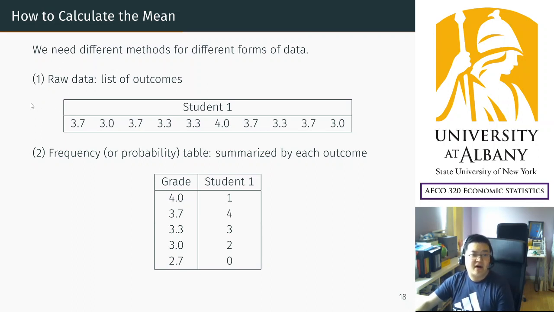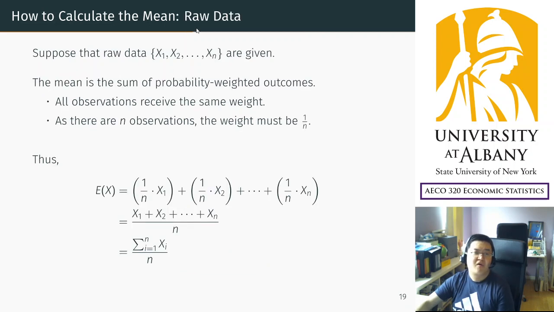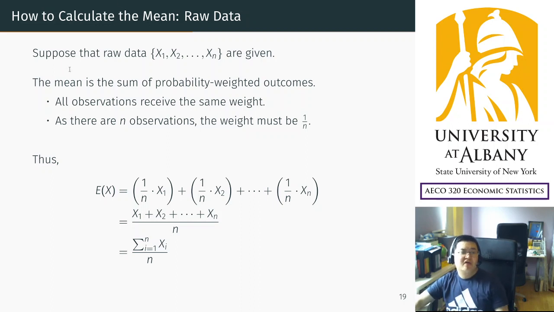So first, let's think about the first method, for raw data. The raw data can be denoted as x1, x2, up to xn, and they are just n observations, n numbers. There is no summary, it's just pure raw data. And the mean is, remember, the definition, the sum of probability weighted outcomes. All the other parts are obvious, but what is probability weighted here?